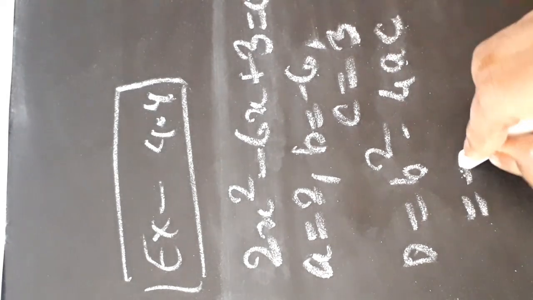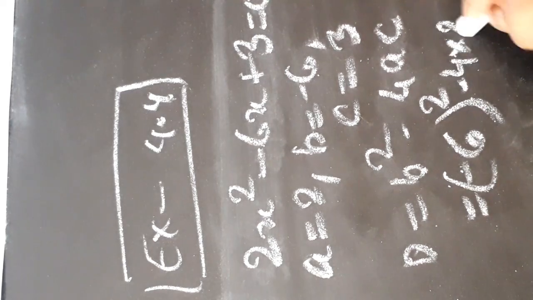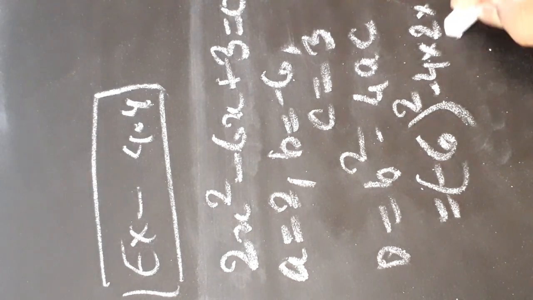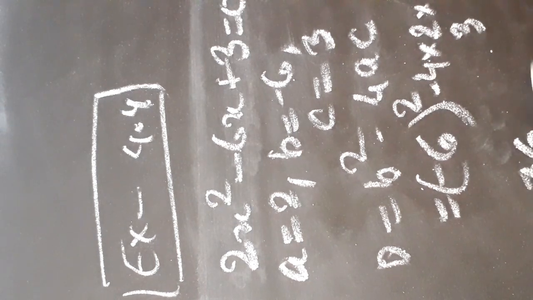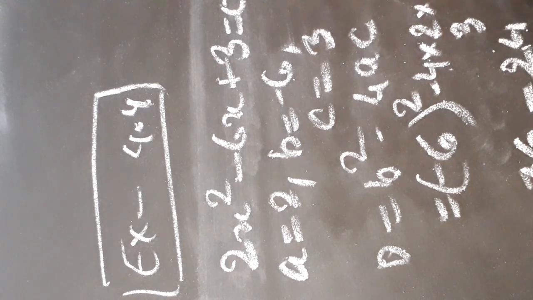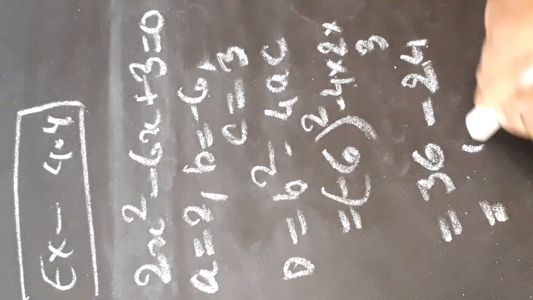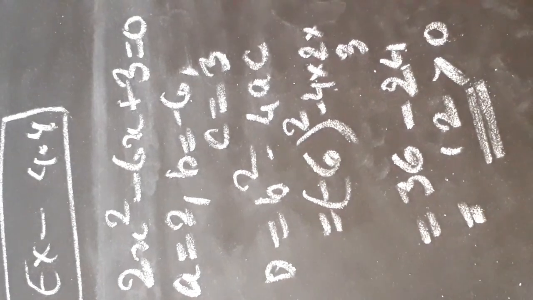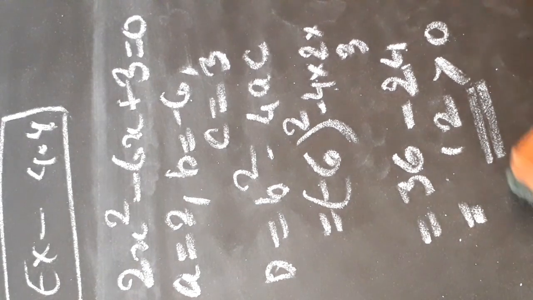In place of b we put −6, minus 4 into 2 into 3. 6 square we get 36, minus 4 times 2 times 3 is 24. Means 36 minus 24, 12. D is 12, greater than 0, means roots are real and distinct.